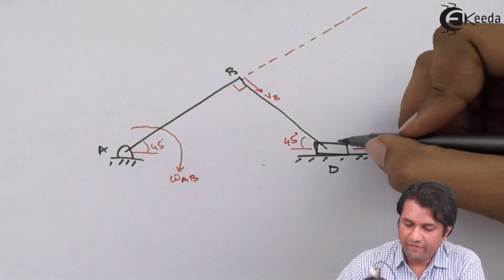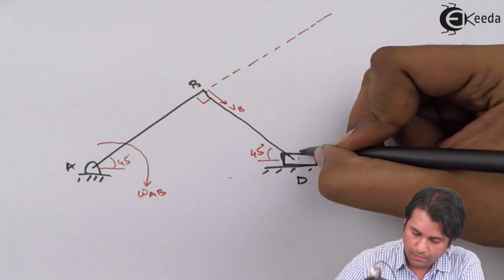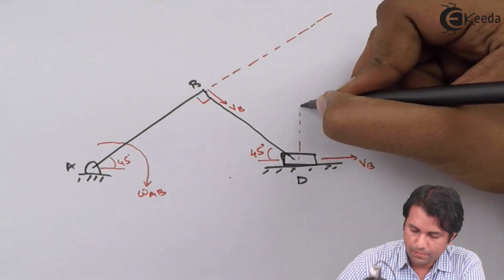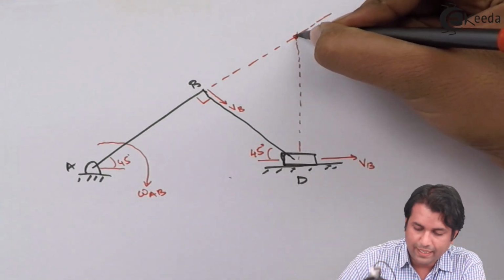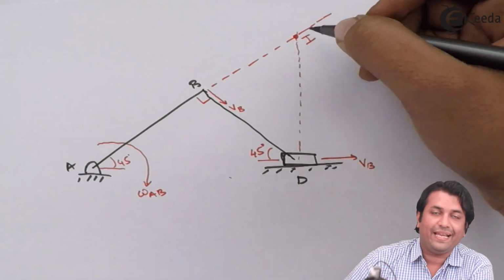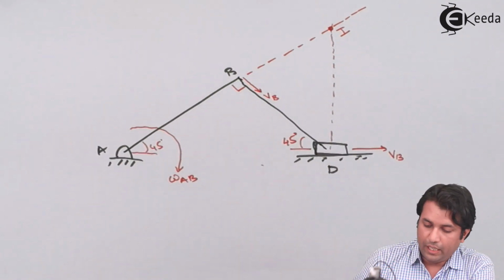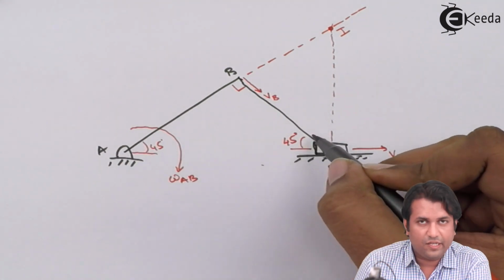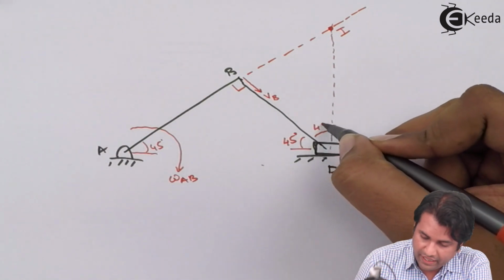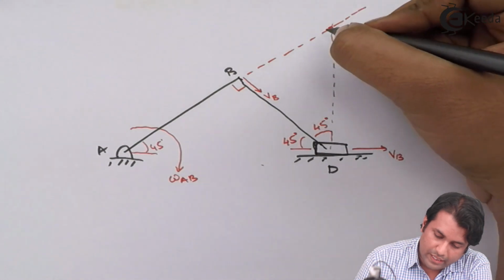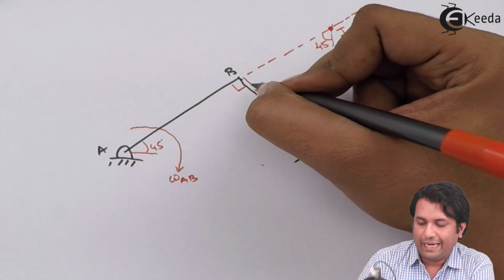Like this, and if I take a perpendicular from here, it would go like this. So this intersecting point happens to be my ICR, that is instantaneous center of rotation. Now, as I know that this angle is 45 degrees and this angle will be 45 degrees again. So this angle has to be 90 degrees now.